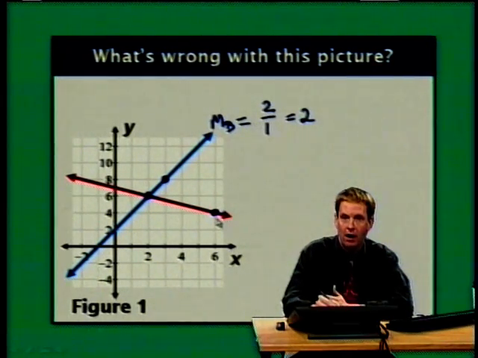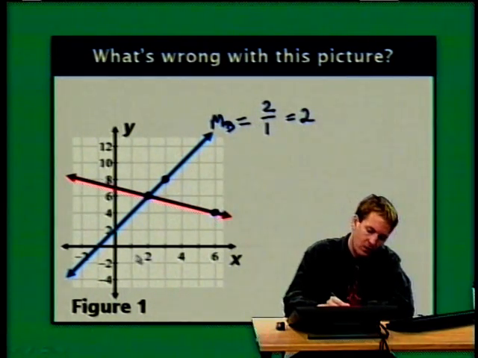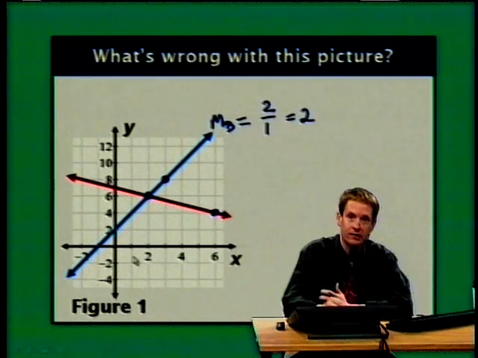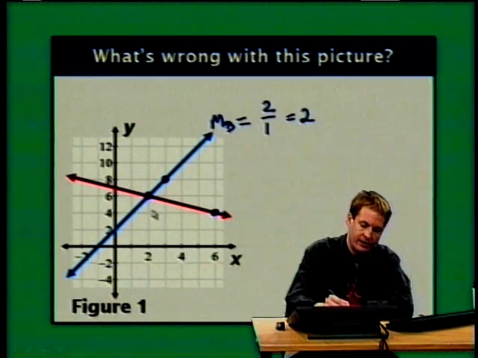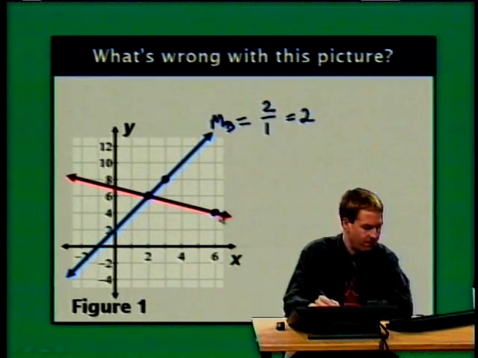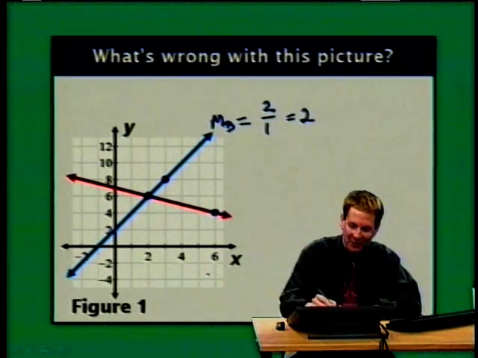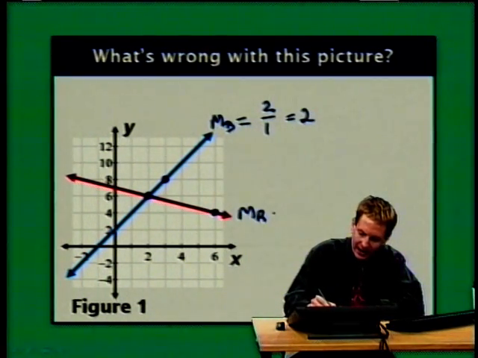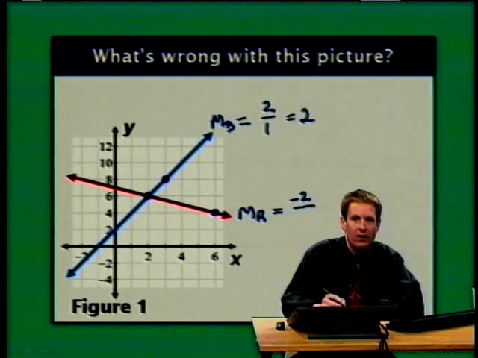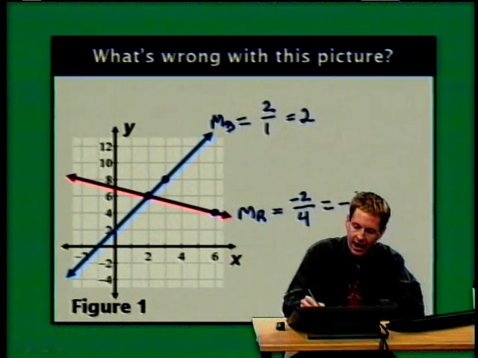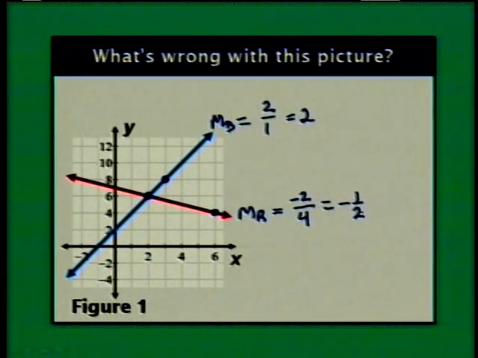A run of rightward 4 boxes when you have a scale of 1 is 4. So we have a rise of -2, a run of 4. So what's the slope? The slope is the rise, which was -2, over the run, which is +4. That simplifies to -1/2.